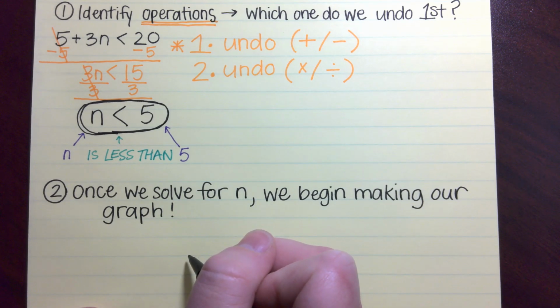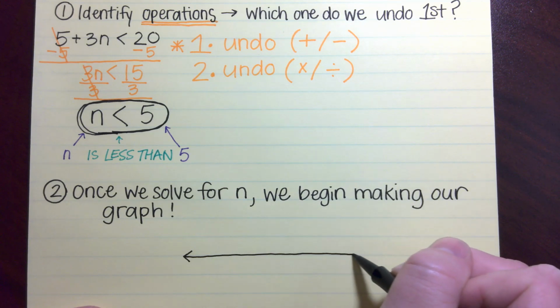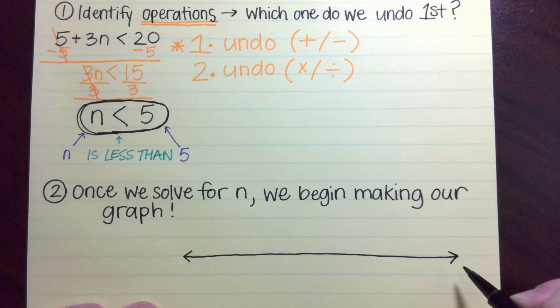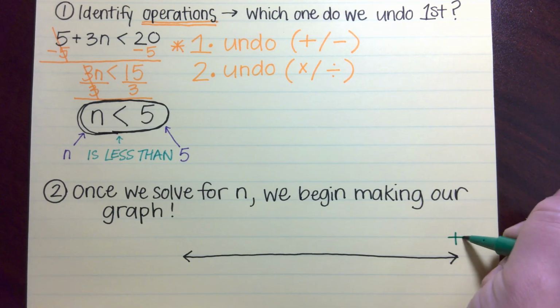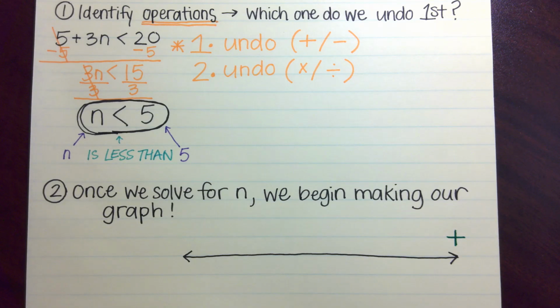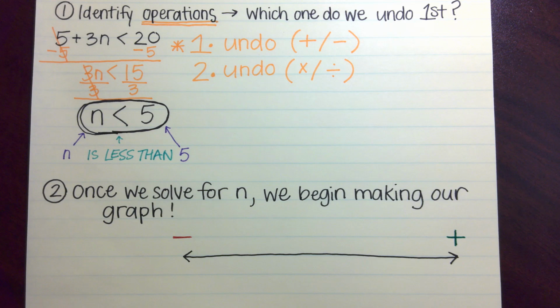Alright, and then I'm going to go ahead and draw my line. Put a plus over on the right side and a minus on the left. And please feel free to tell me if I'm going too fast or too slow. I don't want to be speeding ahead of anybody.